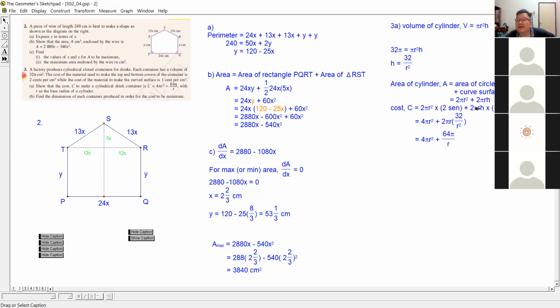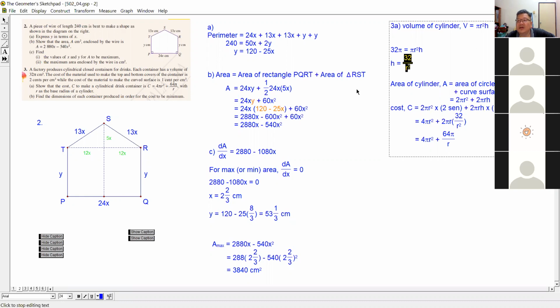Okay, 1 times 2 pi r h. Now the h, you have to replace with the h here.